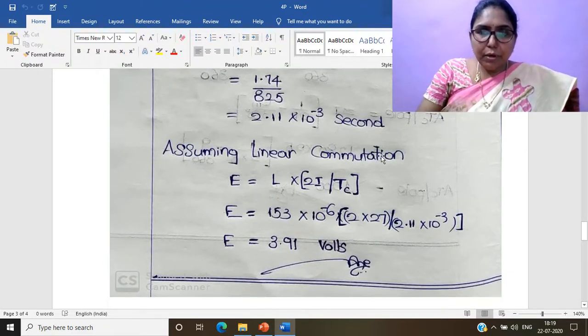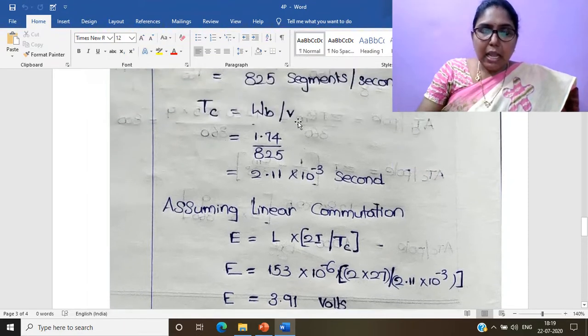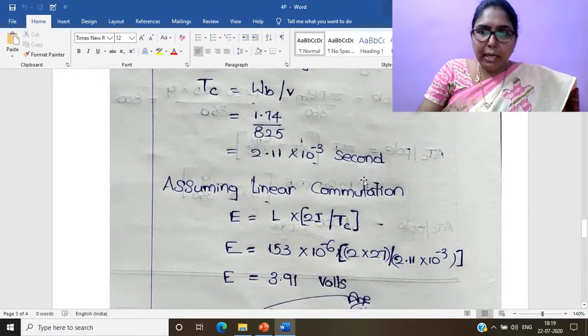We are calculating the reactance voltage for linear commutation. What is the formula for it? E is given by L into 2I by TC. This formula we just derived. Now we substitute the values: E equals the L value 153 into 10 power minus 6, 2 into the I value 27, divided by TC, the commutation time we calculated, 2.11 into 10 power minus 3.